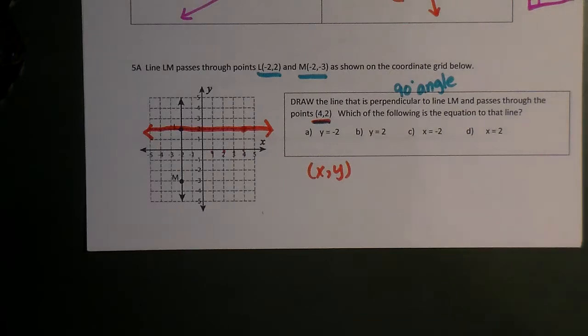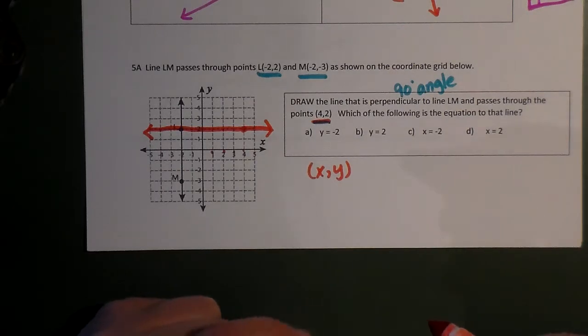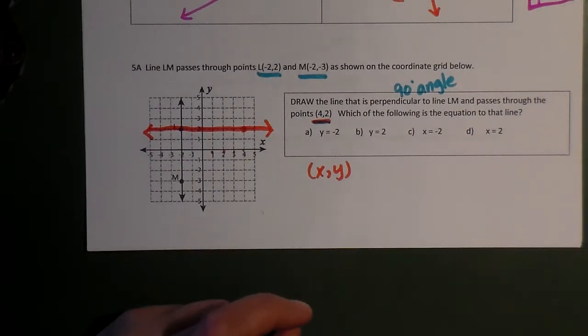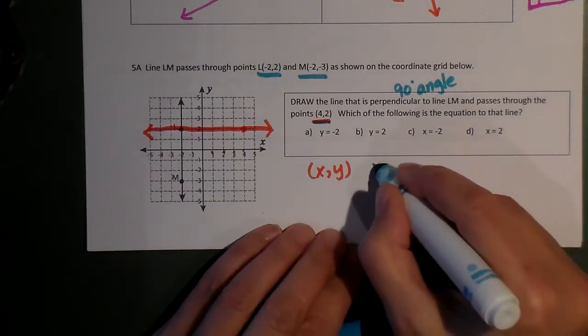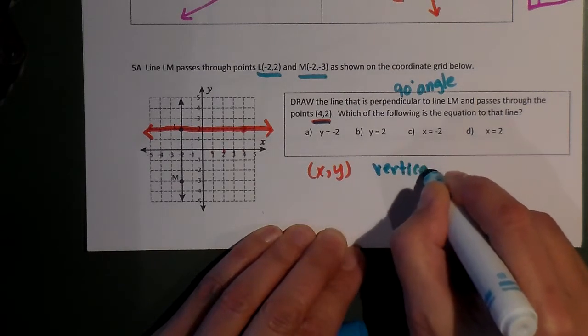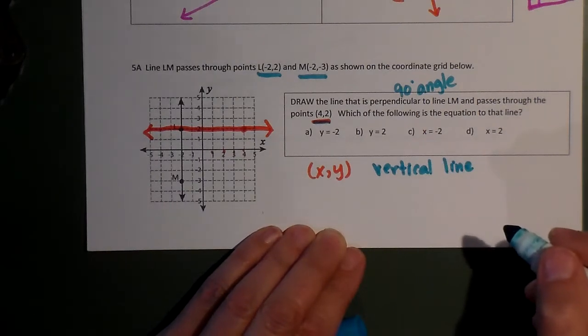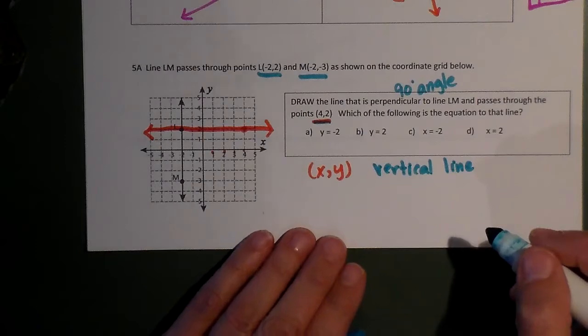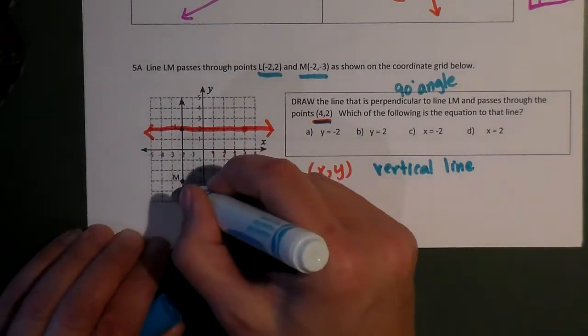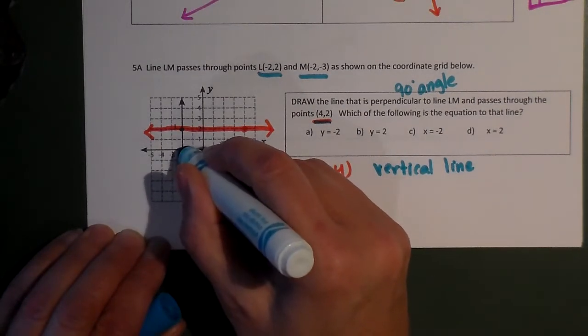Well, when you have vertical lines, so let's talk about this briefly. Whenever you have a vertical line, all points on this line have the same x coordinate.